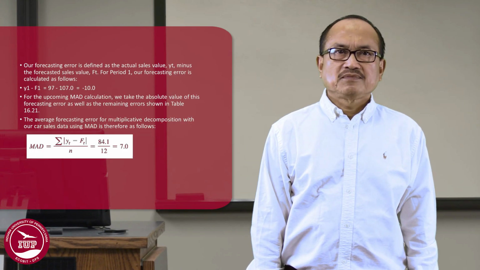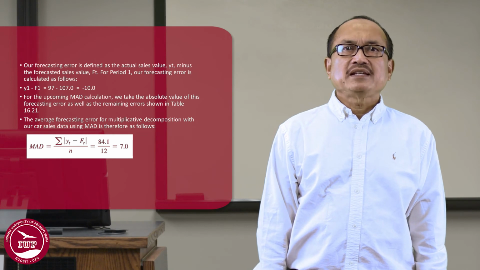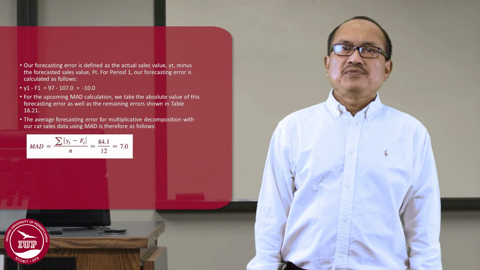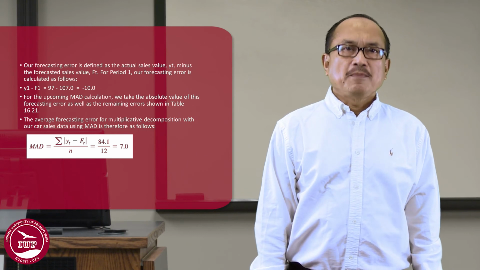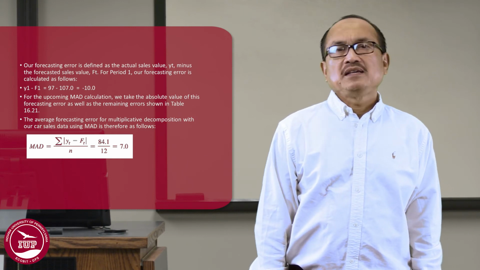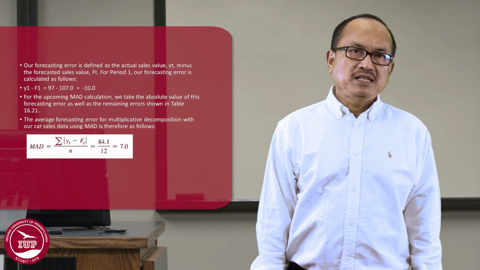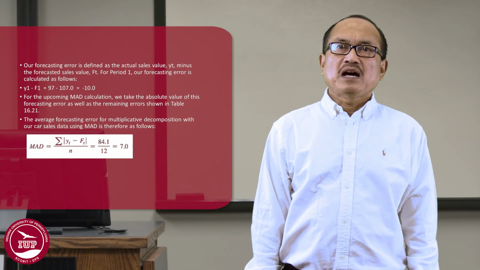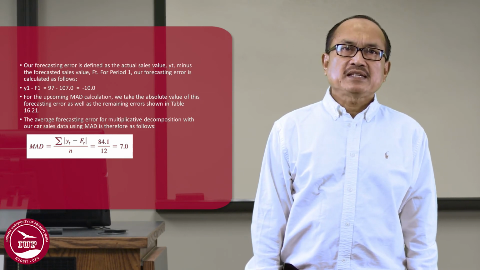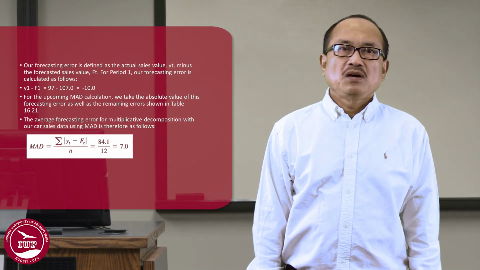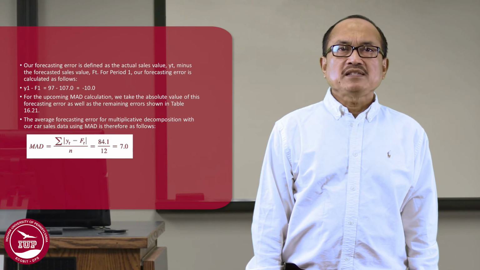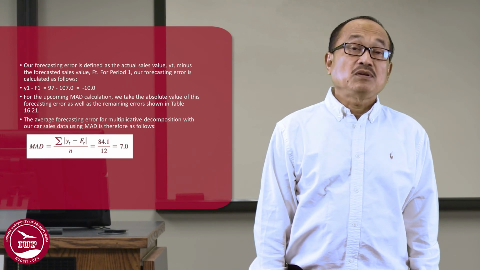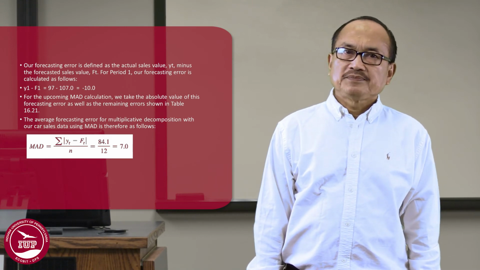107. Our forecasting error is defined as the actual sales value or YT minus the forecasted sales value or FT. For period 1, our forecasting error is calculated as follows. YT minus FT equal to 97 minus 107 equal to minus 10.